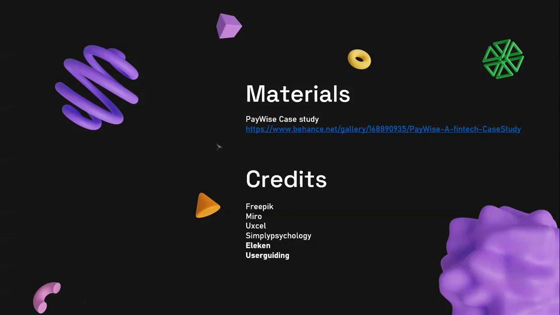So I have some materials for you to gain more understanding or have a visual representation of exactly what I'm talking about. I have a link here to a case study, a product, a design, a prototype, an app called PayWise. It's not a fully fledged developed software. It's more like a design.